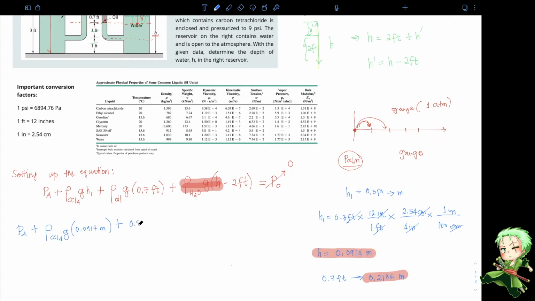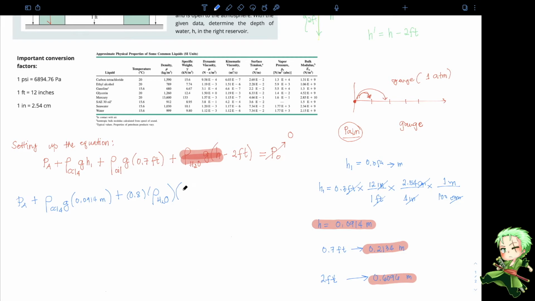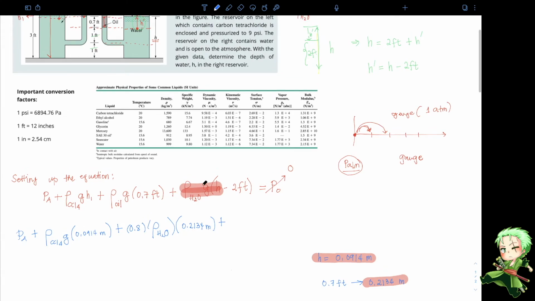So you have 0.8 multiplied by the density of water, and then you have 0.7 feet, and that is 0.2134 meters. I lack some space, so I have to erase these terms here. And then you add the density of water g h.